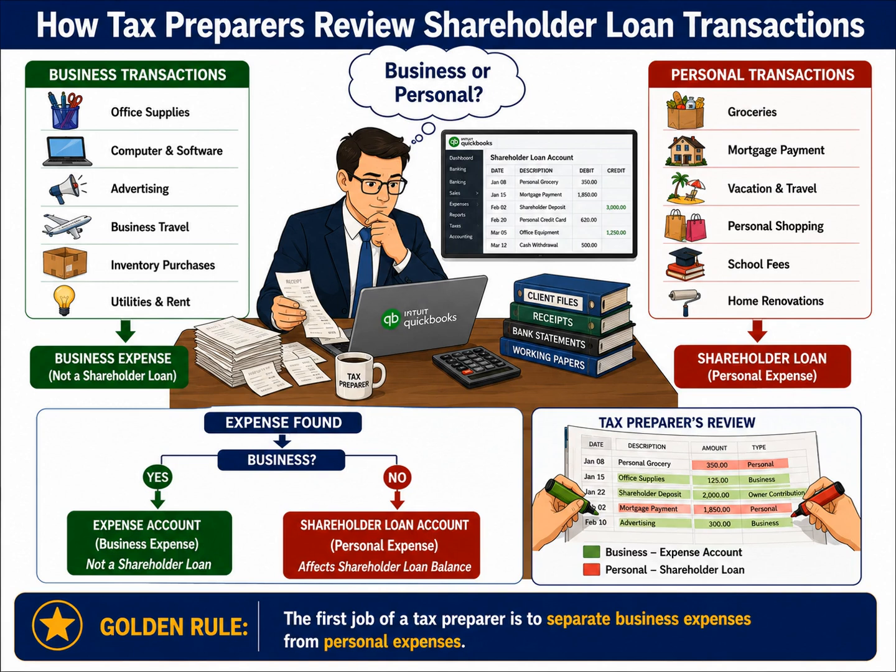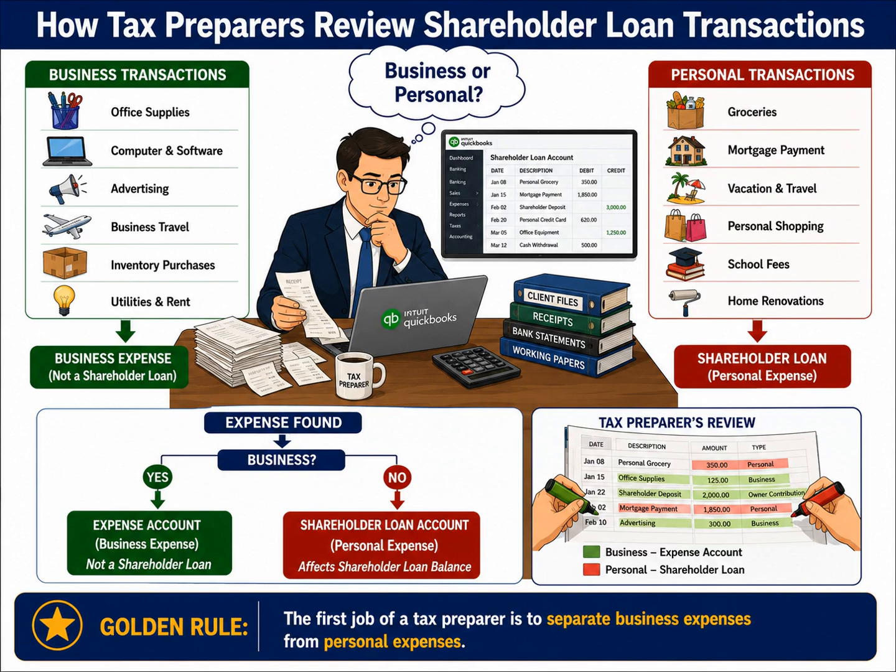However, when the expense benefits the shareholder personally, it should not be treated as a business expense. Instead, it is usually recorded in the shareholder loan account because the corporation has paid a personal expense on behalf of the shareholder. Common examples include groceries, mortgage payments, personal vacations, shopping, school fees, and home renovation costs.